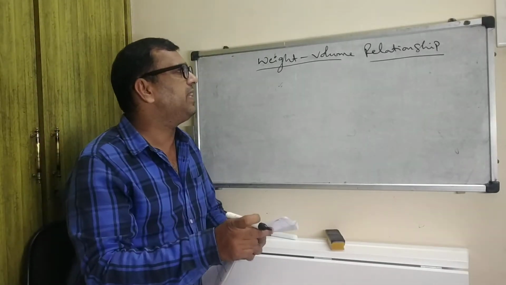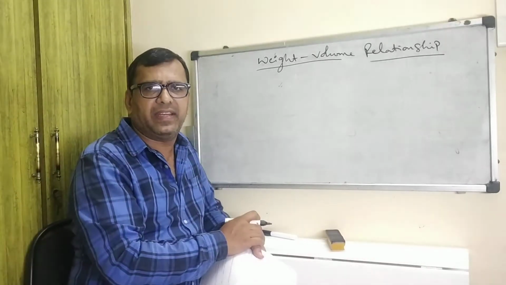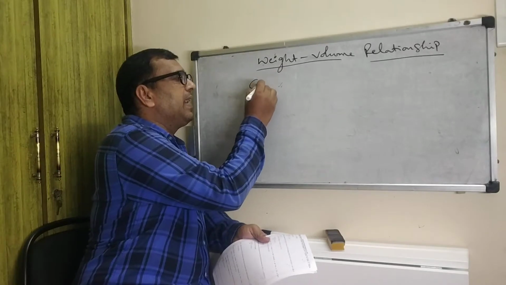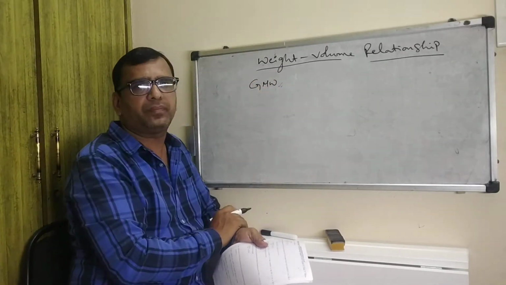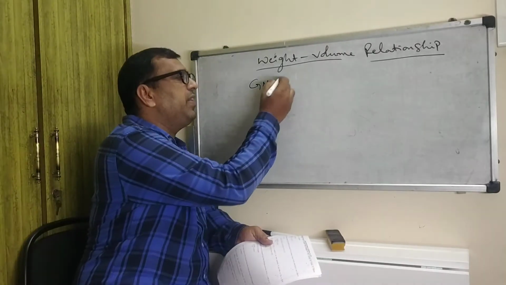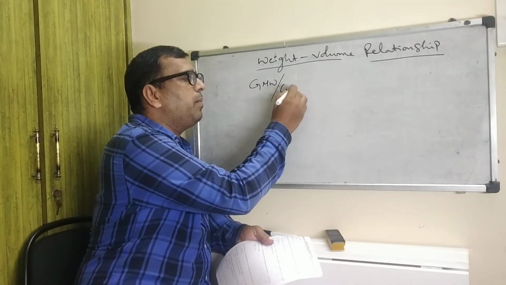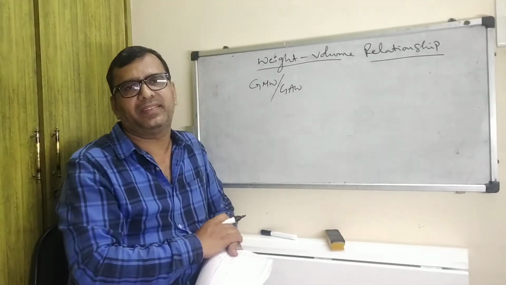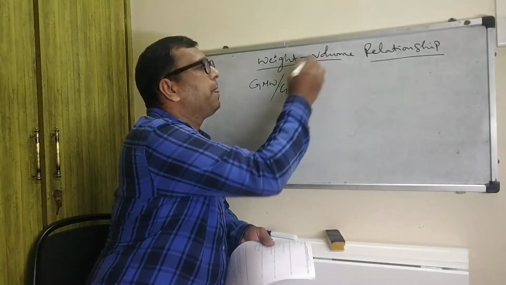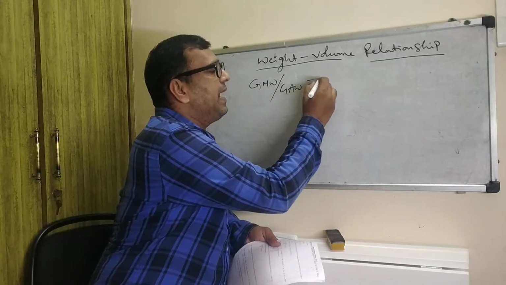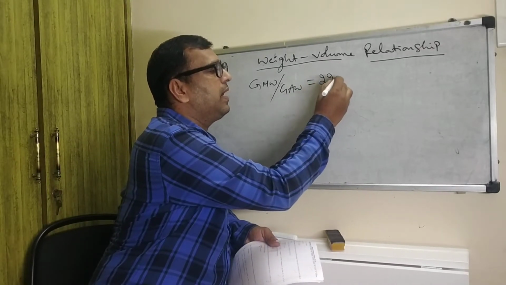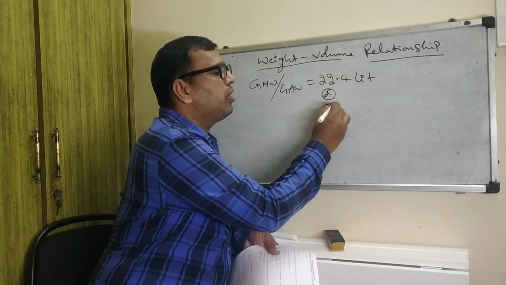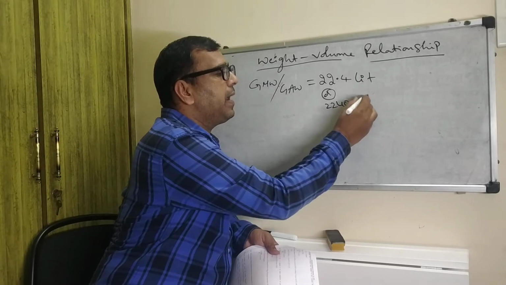Generally, if it is a mass, it's nothing but the weight of the respective compound, which means we will take the gram molecular weight, or if it is an atom, you take the gram atomic weight. Volume means, at standard temperature and pressure, 22.4 liters or 22,400 ml.